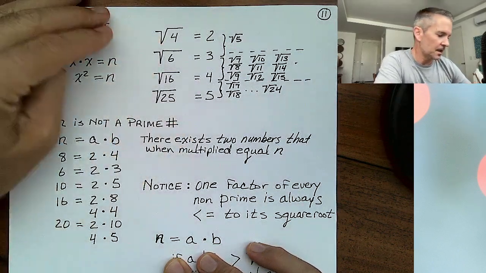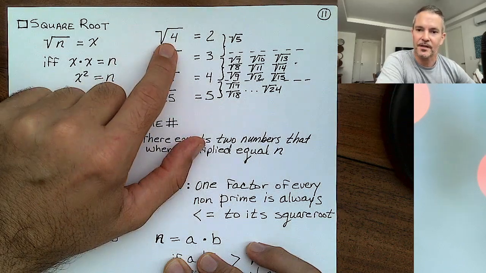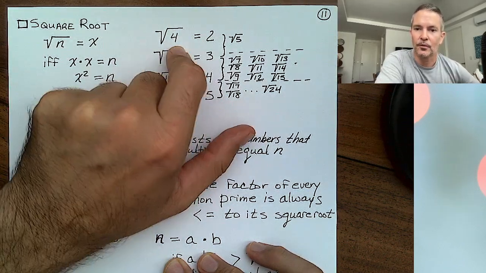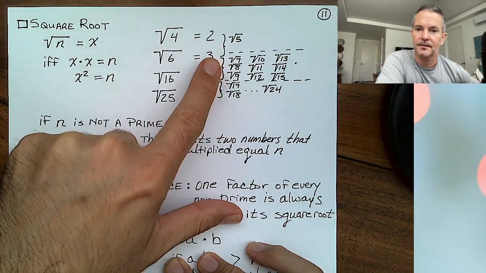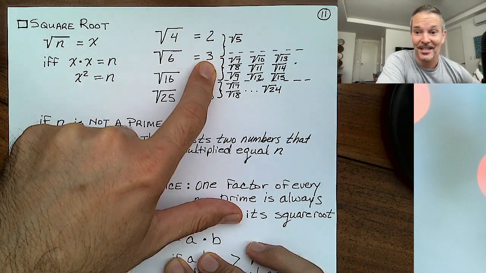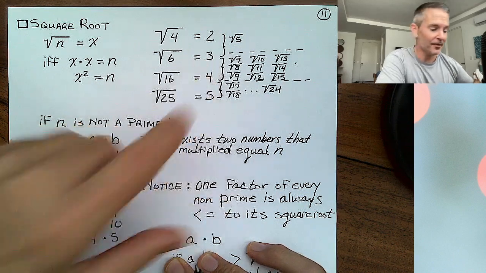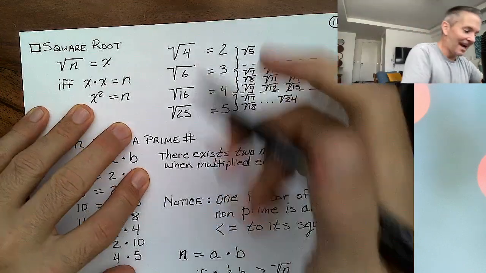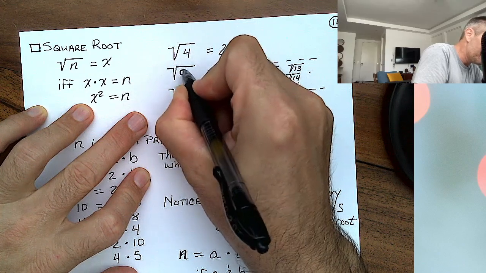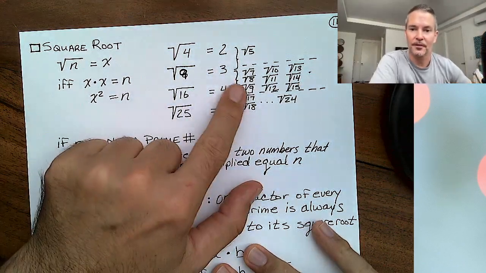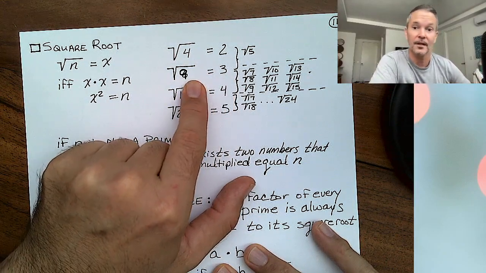Let's look at some basic examples here. What is the square root of 4? It's 2. What's the square root of 6? It's, oops, I actually got that wrong. The square root of 6 is not 3. Sorry. 9. The square root of 9 is 3 because 3 times 3 equals 9.